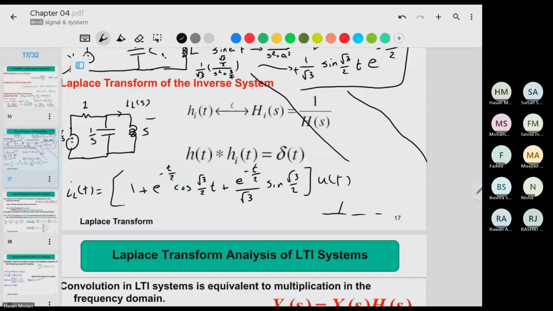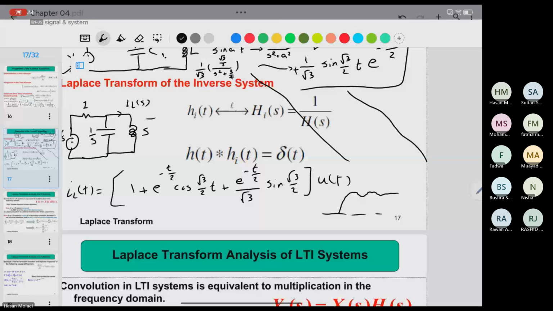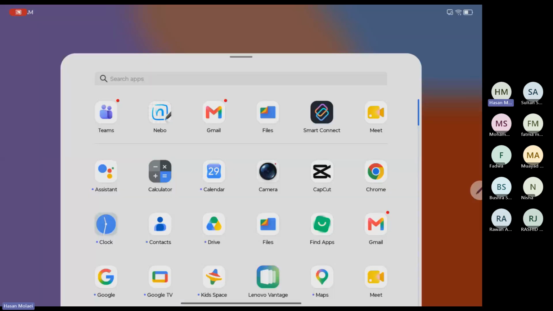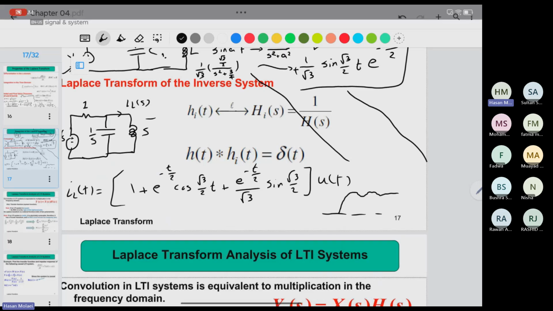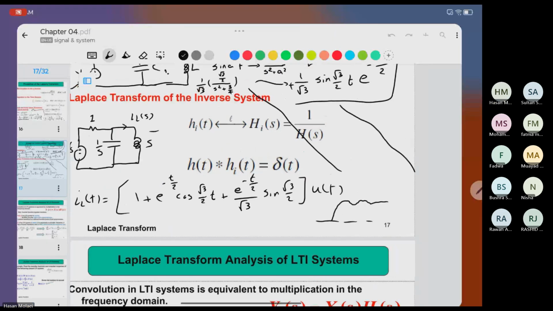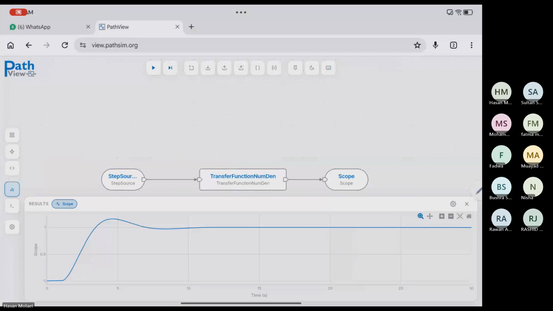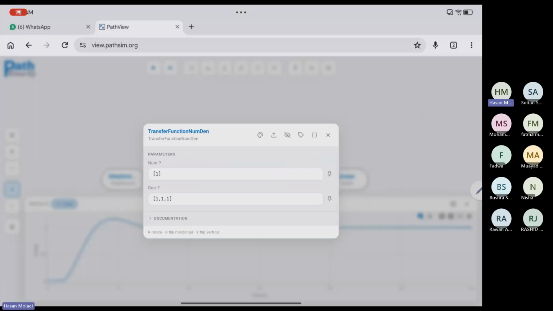If we write this transfer function in the path view, I just need to set all the coefficients to 1 here. The denominator is s2 plus s plus 1, and numerator is only 1.